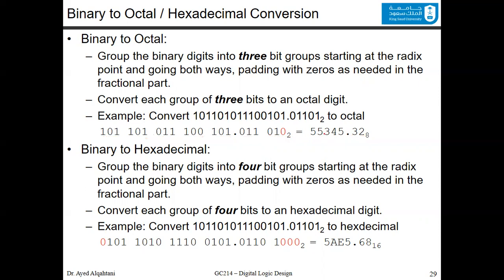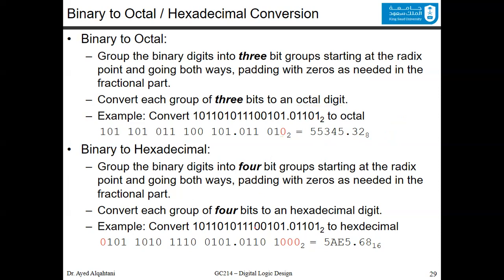You can also do a quick check this way. This is a conversion to the octal base, so the digits in the result must be from 0 to 7. You cannot have 8 or 9 or A, B, C, D, E, or F in the octal system.